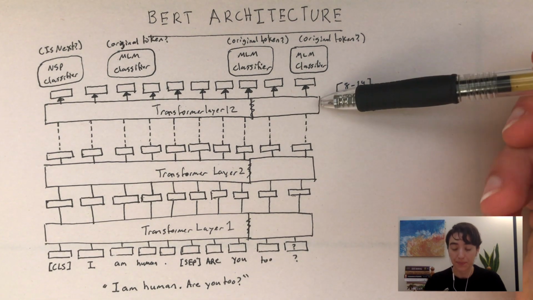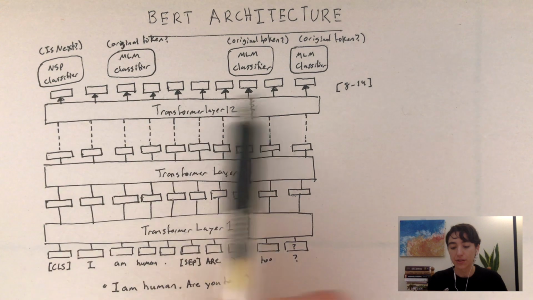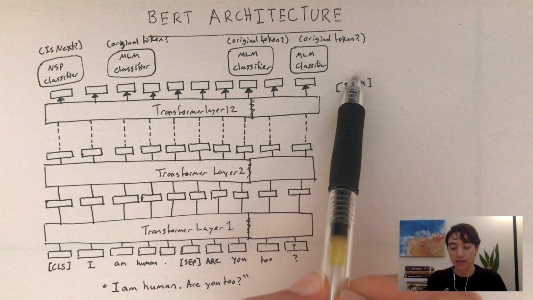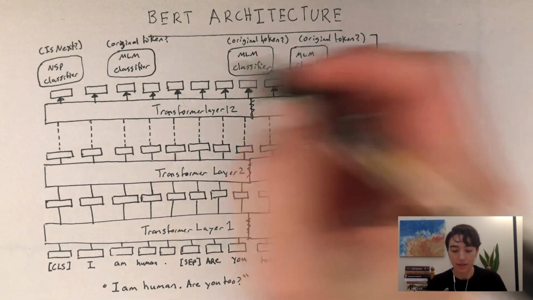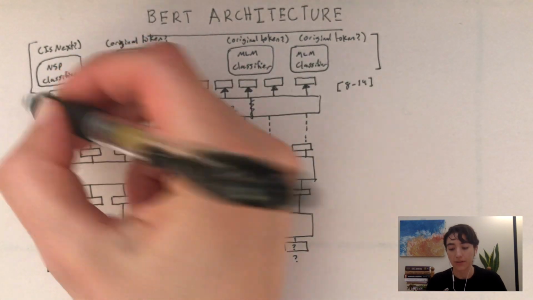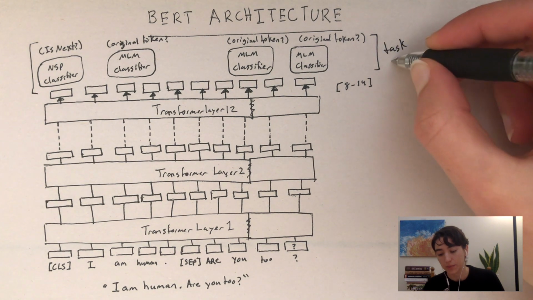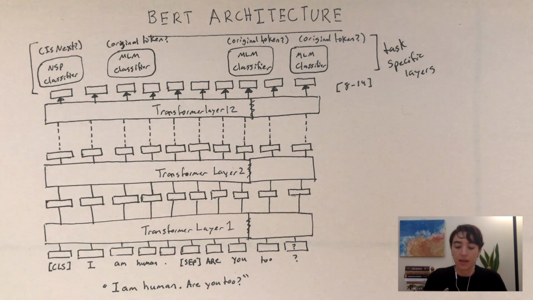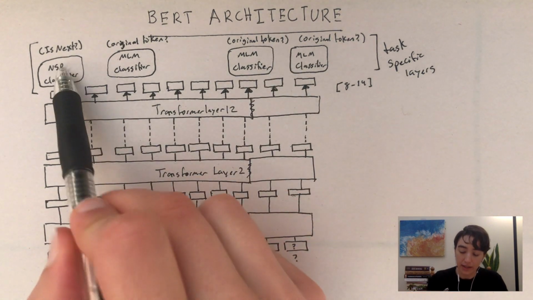So 12 layers. Output. We can think of this next section as just a place that is an opportunity for future layers. Task specific layers. In this case, we're seeing an MLM classifier and an NSP classifier.